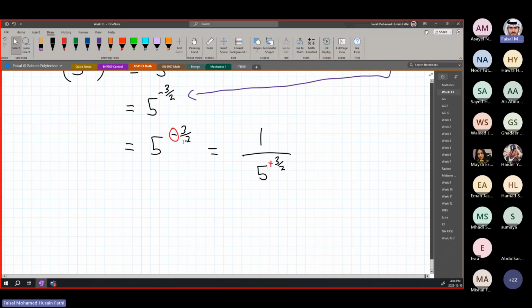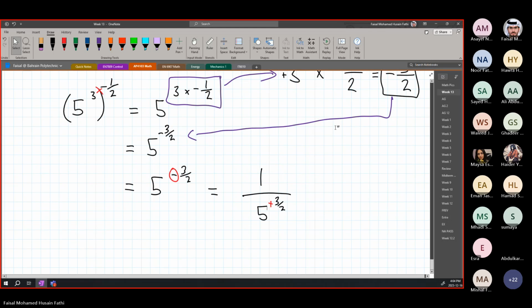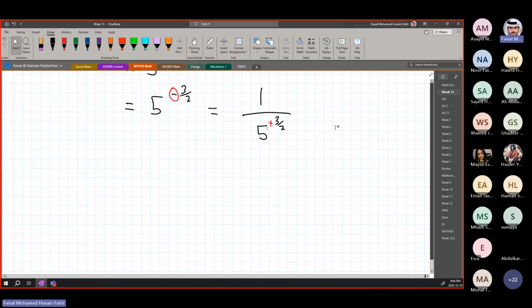Minus here just simply transforms the equation from up to down. That's it. And moves it from the numerator to the denominator, and it removes the minus sign. That's all. Okay? Yes, it's fine if you want to write this as equal to 5 to the power of minus 1.5.